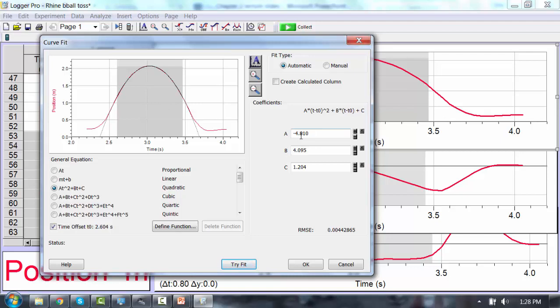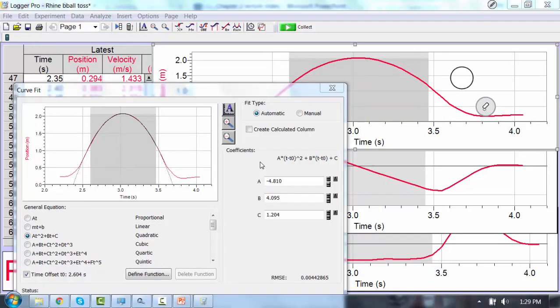4.095, and 1.204. And your job is to interpret what each one of these coefficients means, and then explain how that supports your theory or not for your laboratory experiment. We would expect this to follow the form y equals 1/2 a_y t squared plus v_y naught times t plus y naught. That's what our theory says it should be.